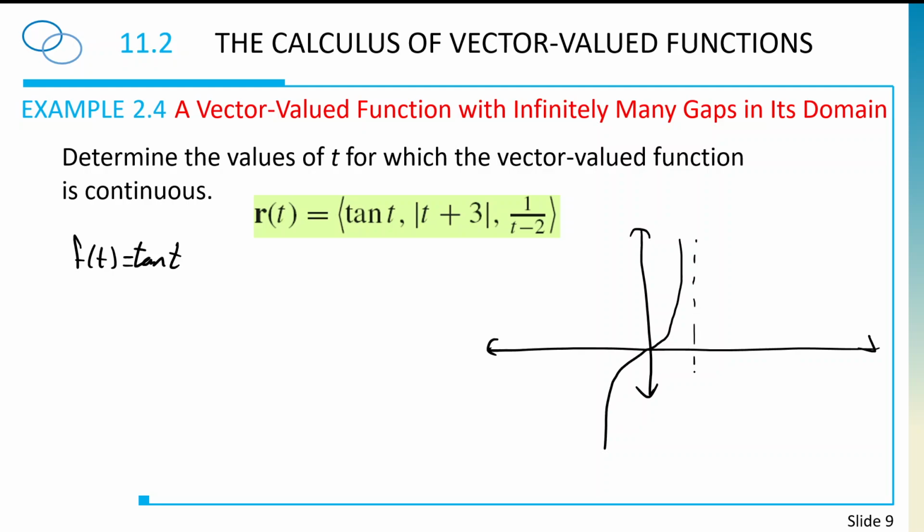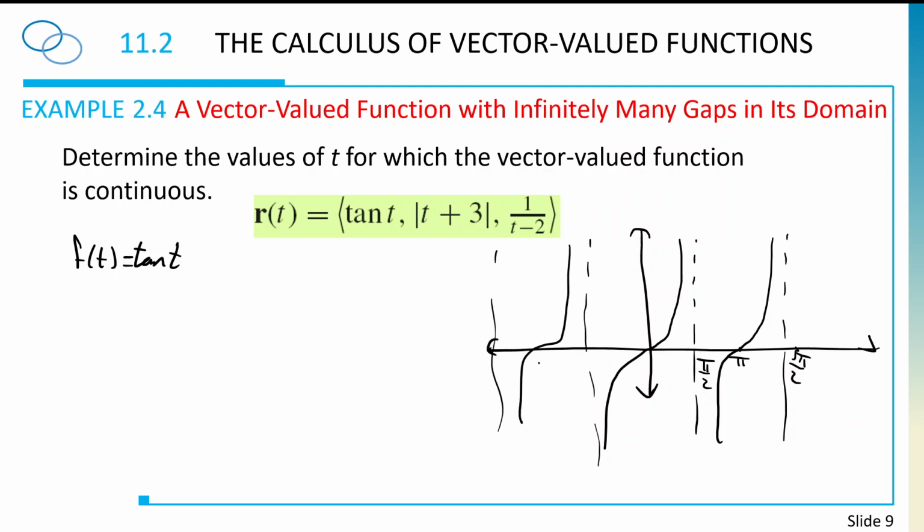And every time at pi over 2 you have a vertical asymptote, and then you have pi, with something similar again, and then one more time at 3 pi over 2 another vertical asymptote, and you keep repeating the same thing. So at any odd multiple of pi over 2, the function will be undefined.